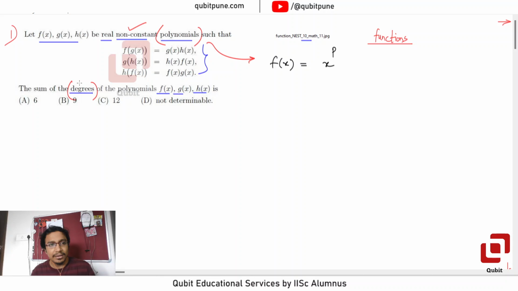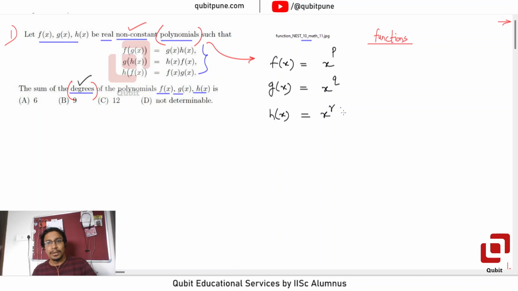The reason being, eventually we are asked to find the degree, and when we take the composition of f and g, the degree is entirely determined by the degree of f and degree of g. So although they are polynomials, we can consider f of x to be x raised to p, g of x as x raised to q, and h of x as x raised to r. There will be other terms, but we will ignore them because we are interested in only the degree.